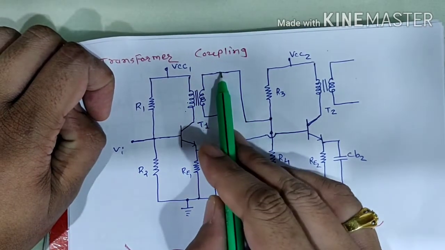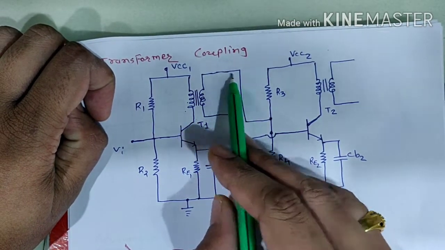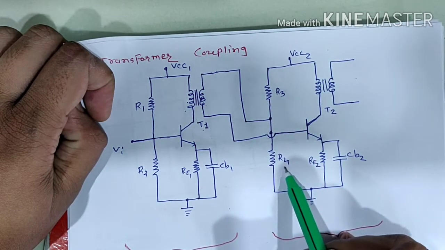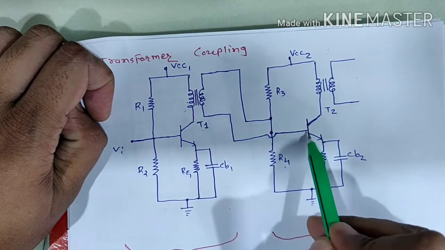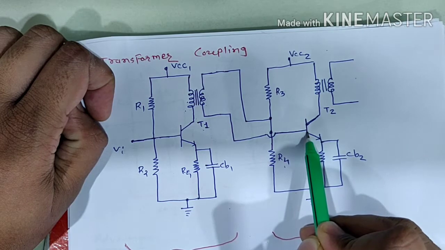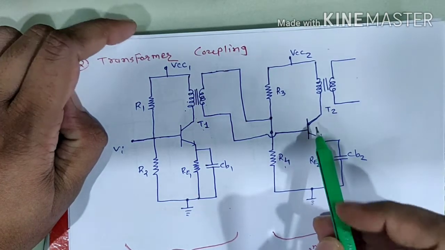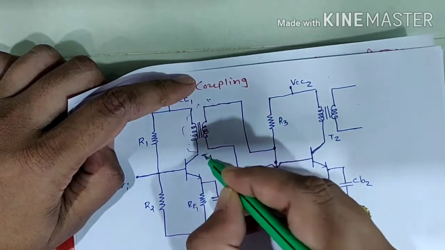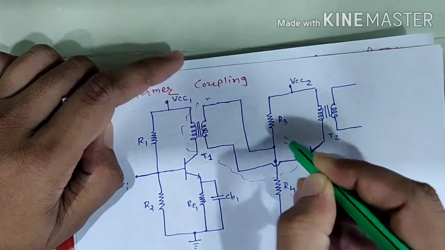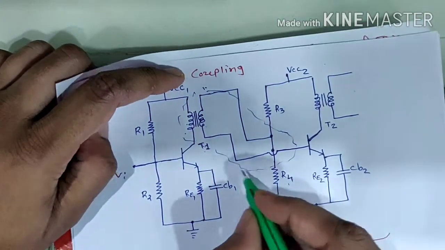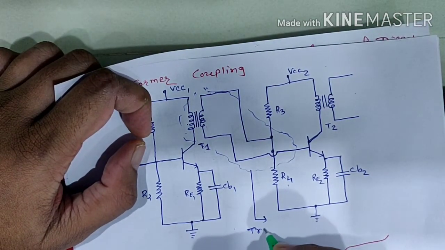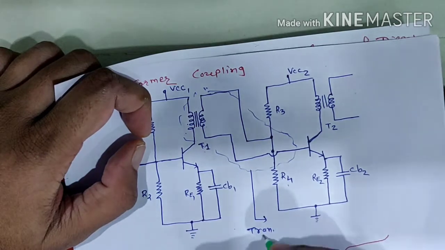Here, one terminal of the transformer is connected to the center of the R2 and R4 resistors, and the second terminal is directly connected to the base of the transistor. This way we have coupled, or this particular portion acts as a coupling circuit, the transformer coupling.